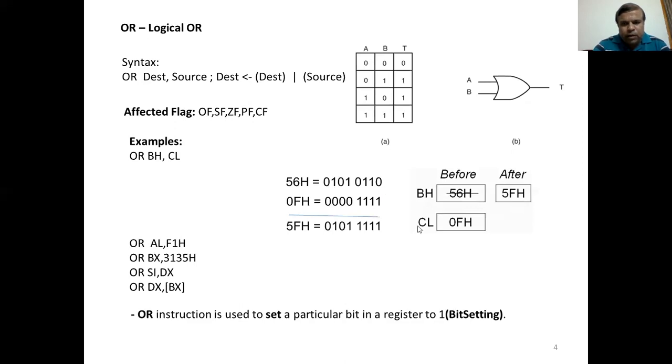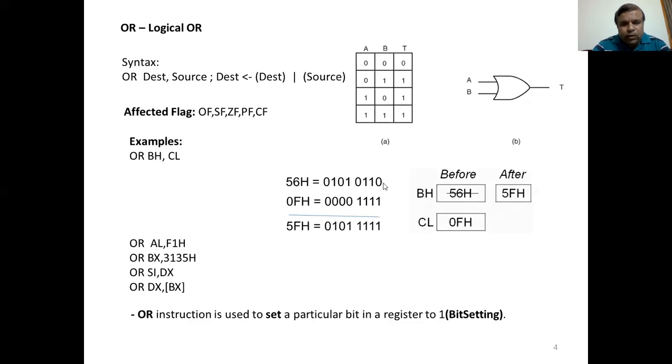And the CL register holds 0FH, whose binary equivalent is this. When these registers are ORed, the result we get is 5F.